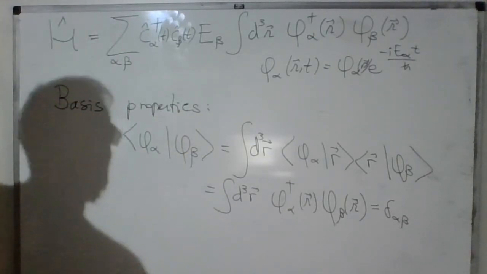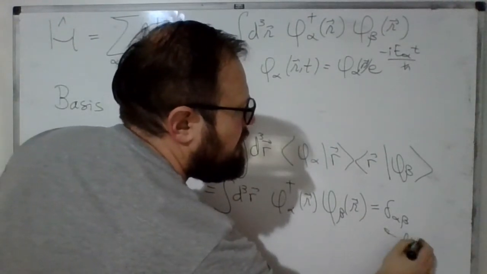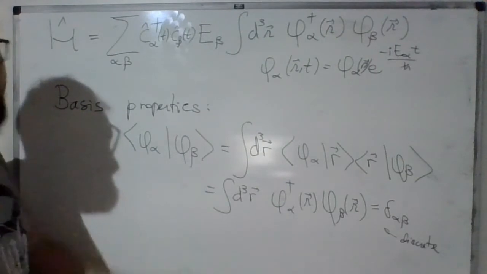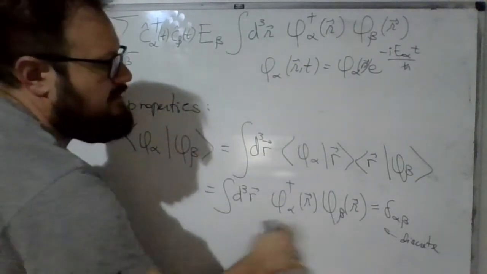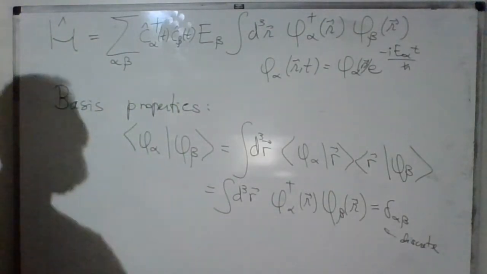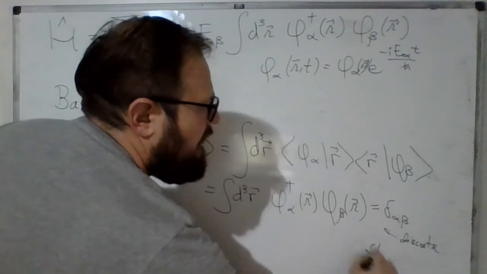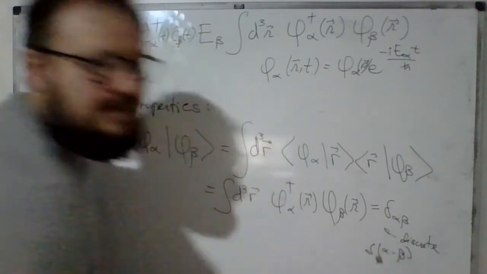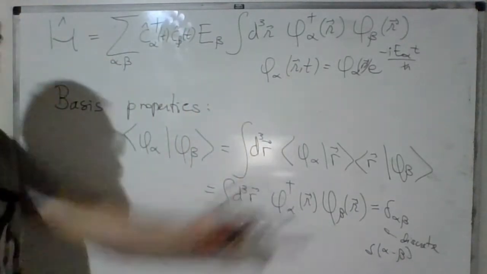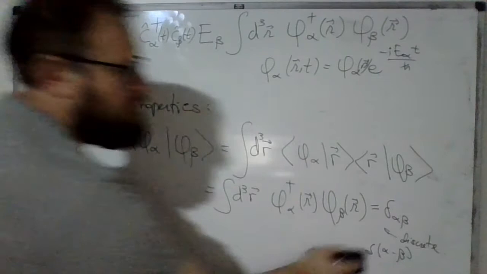So this is for the discrete case. For continuous alpha and beta, it will be a Dirac delta of alpha minus beta, if you are dealing with a continuous set of quantum numbers.